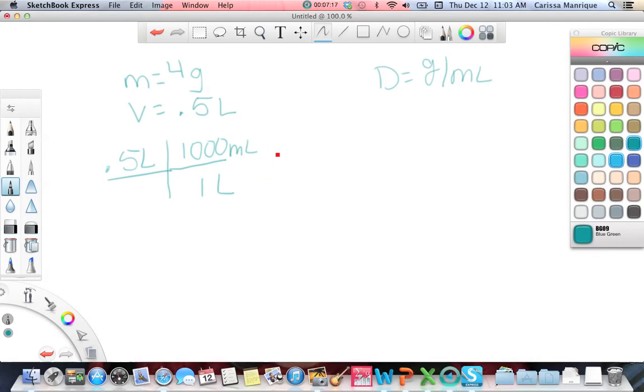So if I multiply this out, put it in my calculator if you want, you're going to get 500 milliliters. Okay, so now my volume is, instead of saying 0.5 liters, it is now 500 milliliters. Okay, so now milliliters and milliliters, all the units have to be the same.